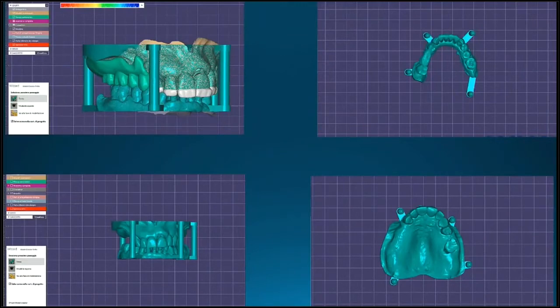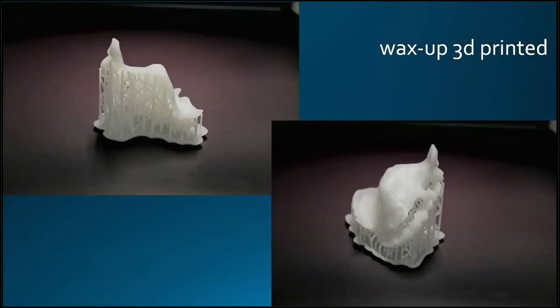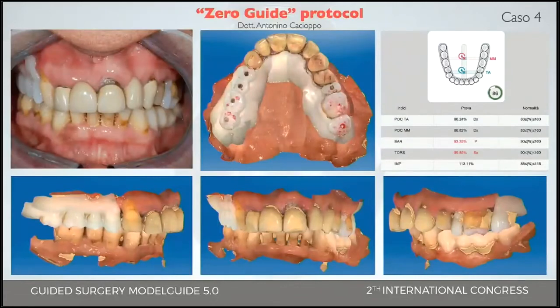These are a few images from my technician. He works on Exocad, and this is a workshop printed. This is a try-in printed with a standard resin. There is also an X-ray resin. You can use it like an X-ray guide and X-ray stand.